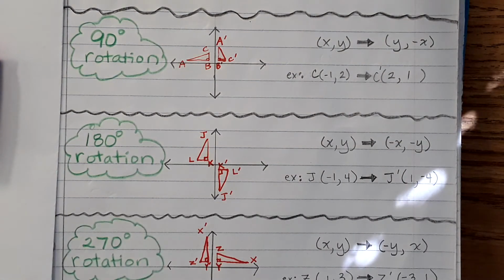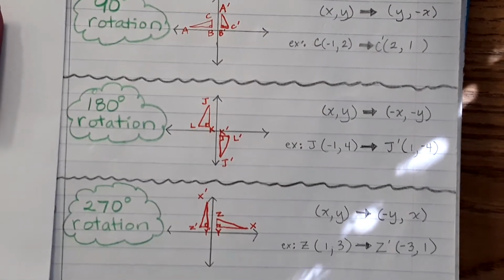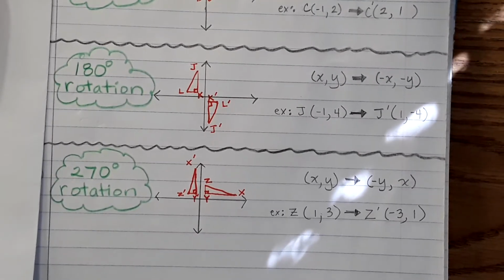And last, for clockwise, let's look at a 270-degree rotation. This means 3 90-degree turns clockwise. 3 times 90 is 270. So again, you can try this same concept.